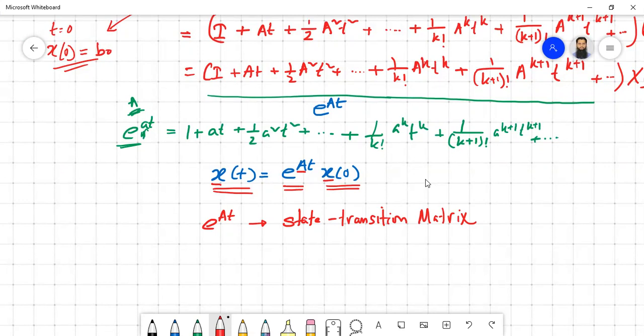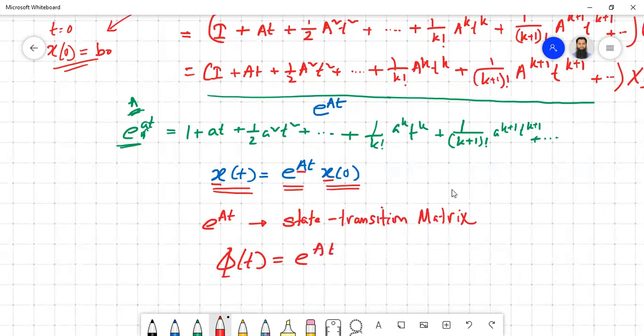That is why it is called the state transition matrix, which helps you go from state 0 to some future time x(t). Also, e to the power At is denoted as capital Phi(t), equal to e to the power At.